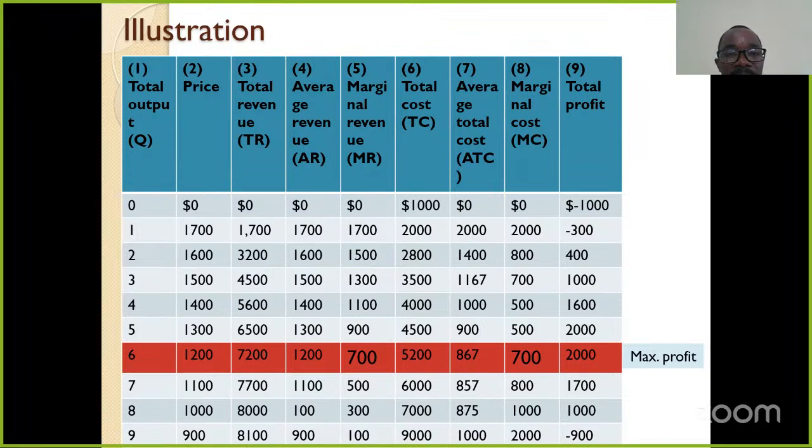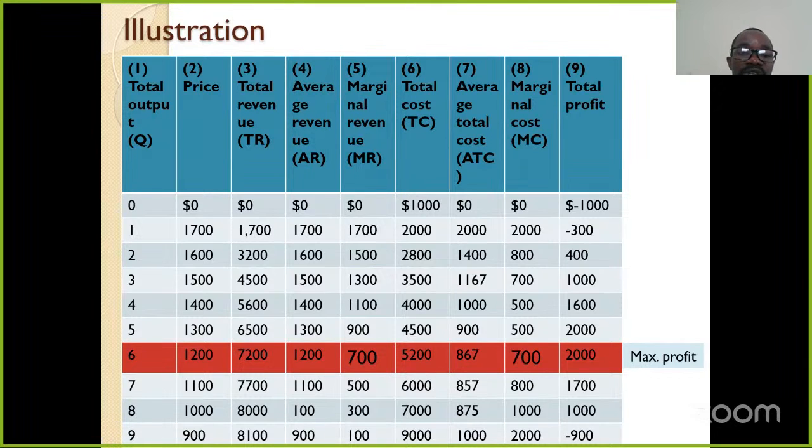Then we have marginal revenue, column 5, which is the change in the total revenue divided by the change in total quantity. Then column 6, we have total cost, assuming that these are the costs. At zero production and zero sales, we have $1,000 as the cost incurred.